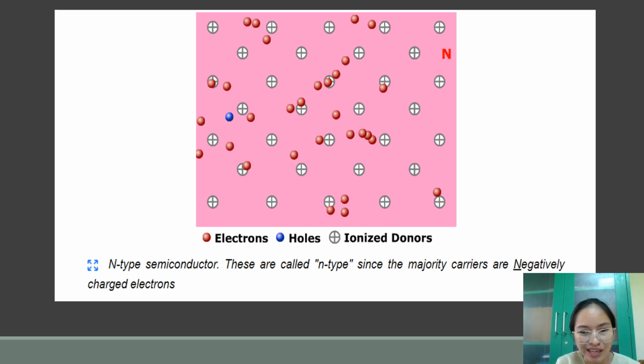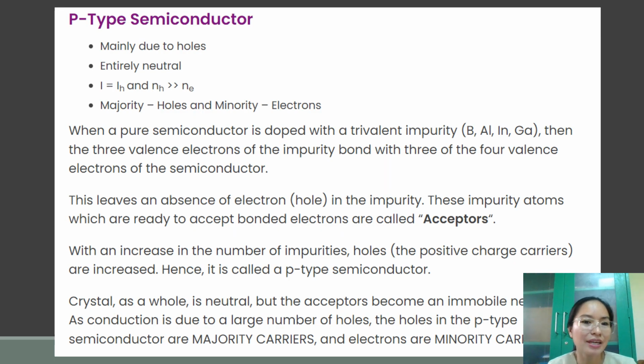That's why it's N-type. Now for P-type, of course, more positive. This is when a semiconductor is doped with a trivalent impurity like boron, aluminum, and so on. Then, the 3 valence electrons of the impurity bond with 3 of the 4 valence electrons of the semiconductor. Because of this, there is now an absence of electron, or a hole, in the impurity.